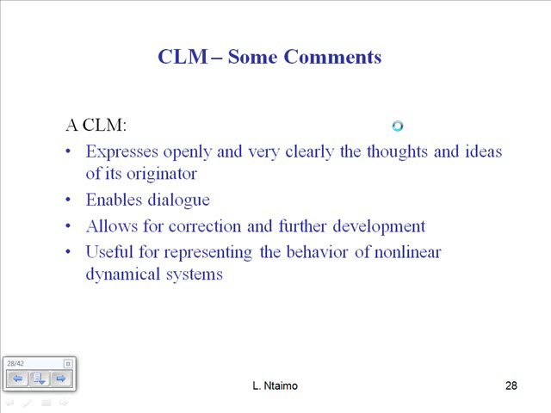So causal loop models are very important in systems thinking because of these reasons. And also, causal loop models promote and ensure completeness. If I leave out something, somebody's going to say, well, what if this happens? So we need to go back and make sure we account for whatever is necessary.